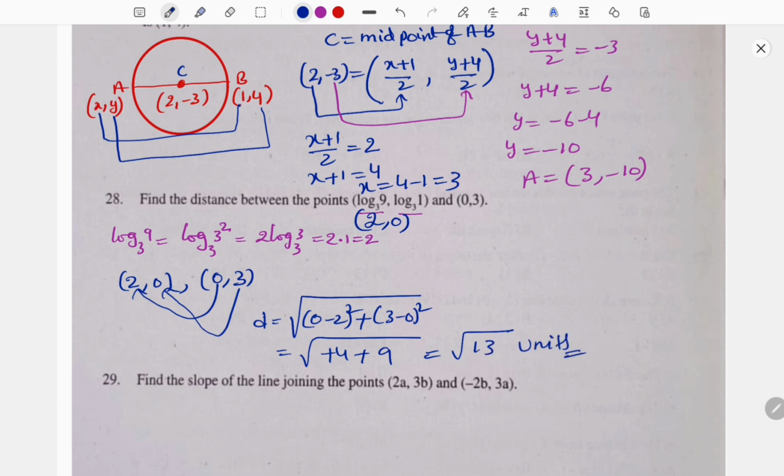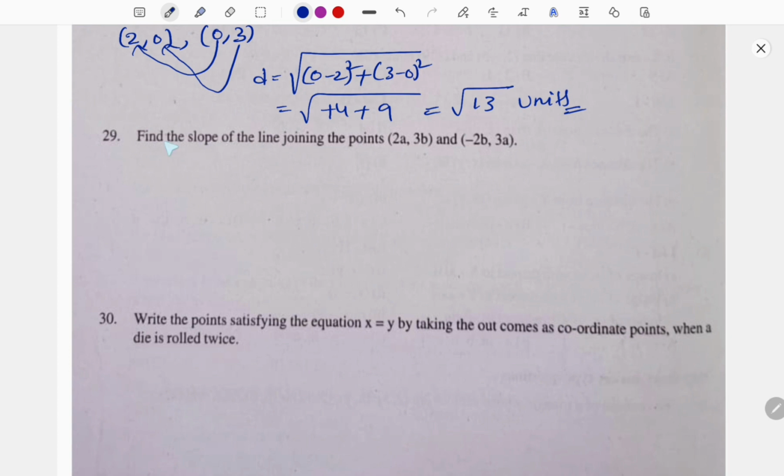I hope all are understood. Now the 29th question: find the slope of the line joining the points (2a, 3b) and (minus 2b, 3a). You know that slope is denoted by the letter m. What is the formula of the slope? (y2 minus y1) by (x2 minus x1).